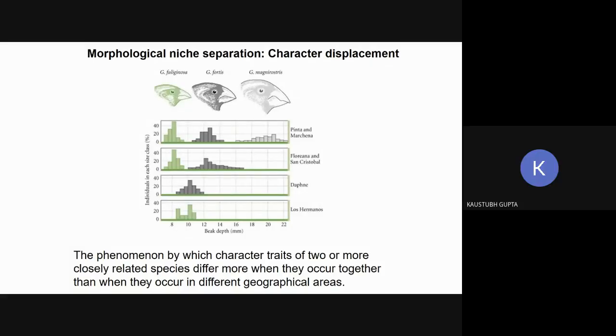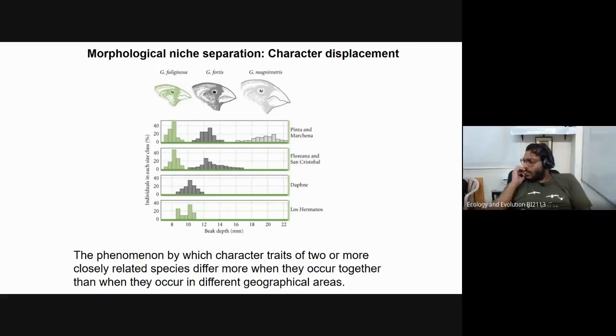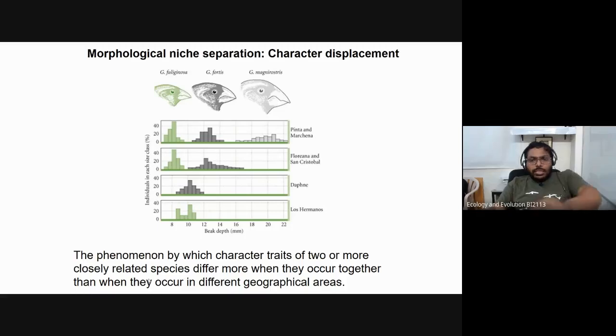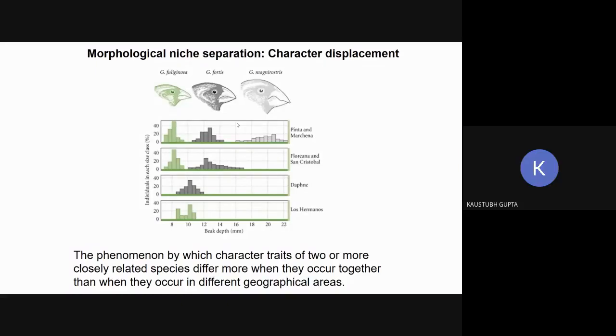What I'm saying is, suppose there was some overlap even after character displacement, but in the overlap regions, because of the high competition, maybe the birds killed each other off. No. This one, the top one that we are talking about, this is a small island. It is not like it's a continental thing where these are spatially separated. Here they are not spatially separated. Yes, sir, I get that.